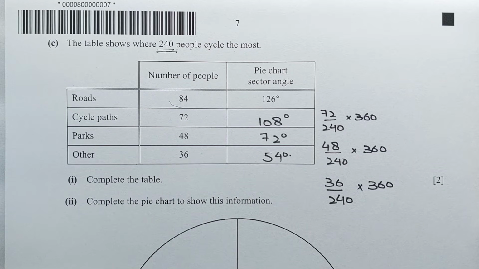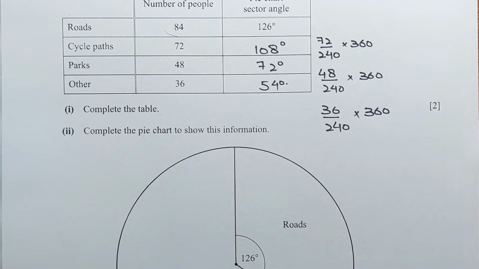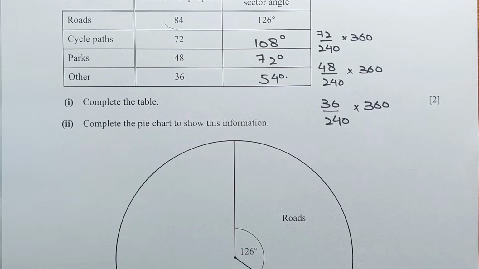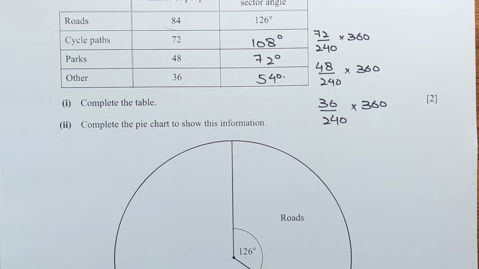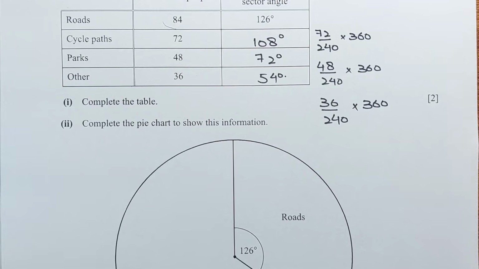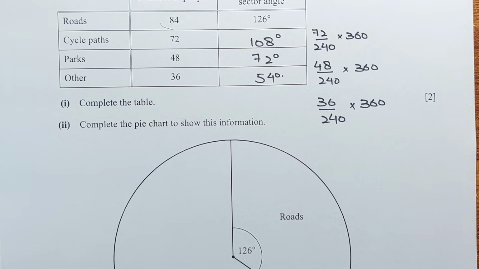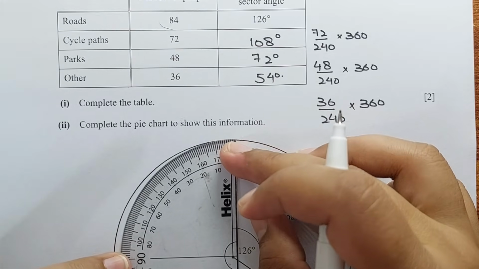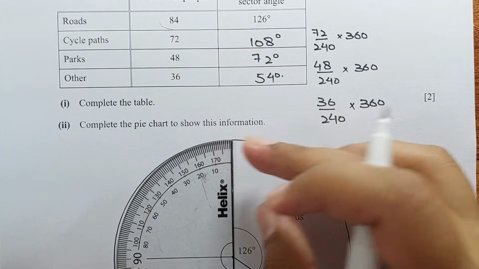Number 2, complete the pie chart to show this information. The roads are already done, 126. The next is 72, if you can measure it with the protractor.